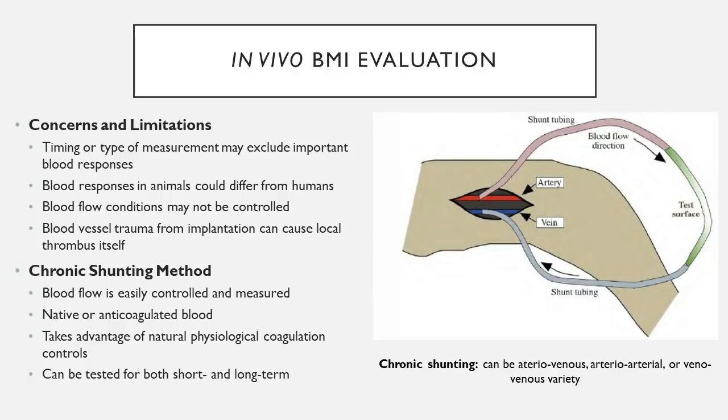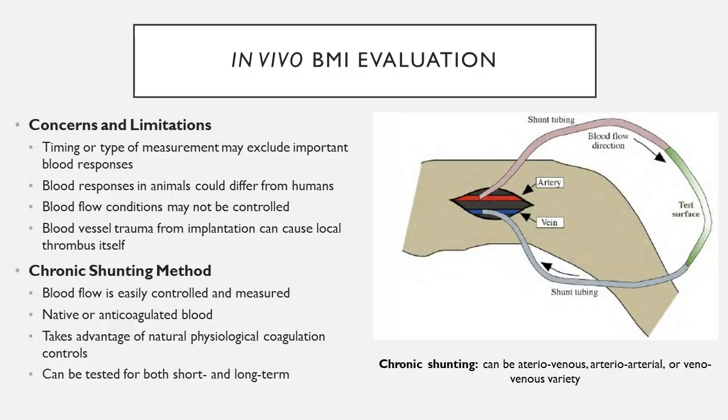So for instance, timing or the type of measurement may exclude important blood responses. This was highlighted just about 5 slides ago when I talked about the 4 different outcomes of a particular extraction test for a model material. Of course, blood is species specific, so the responses in animals can differ from that of humans. And also, we can't control blood flow conditions.